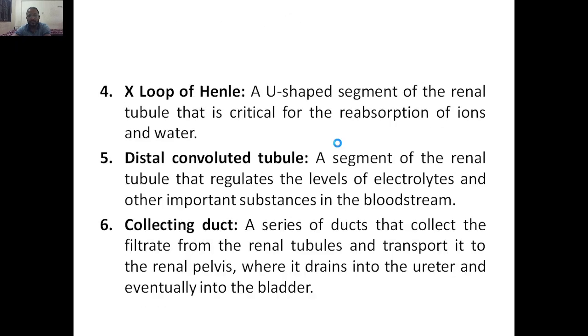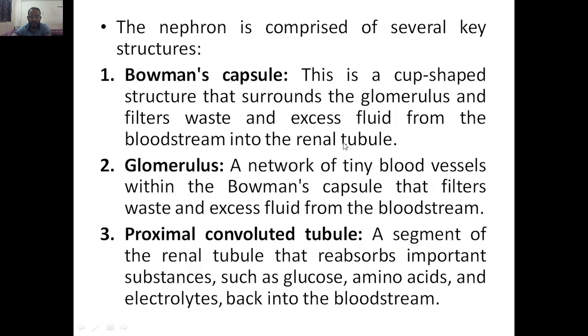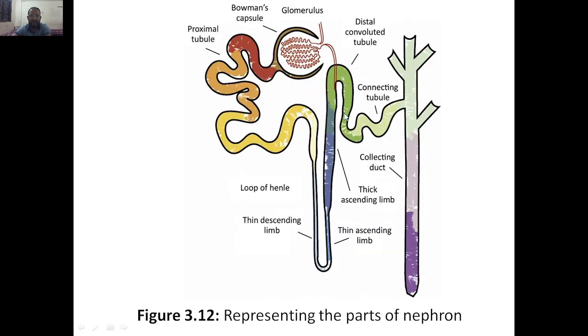Next we have the distal convoluted tubule, the segment of the renal tubule that regulates the level of electrolytes and other important substances in the bloodstream. That means whatever reabsorbed things are in the bloodstream need to be regulated, and that is done by the distal convoluted tubule. That's why proximal and distal: proximal is the one which reabsorbs, distal is the one which regulates. It reabsorbs the electrolytes, regulates the electrolytes, reabsorbs the glucose, regulates the glucose.